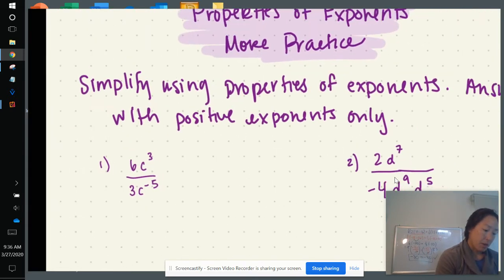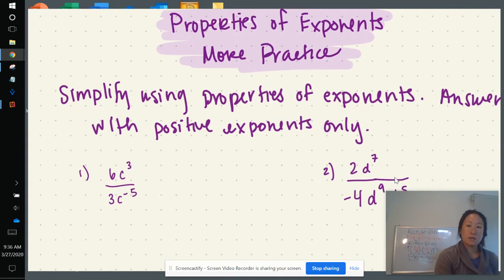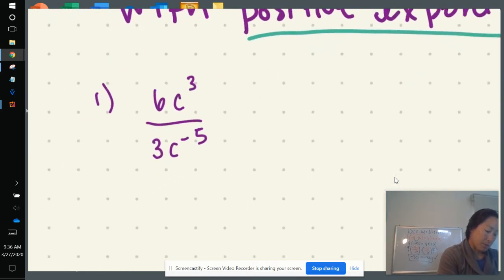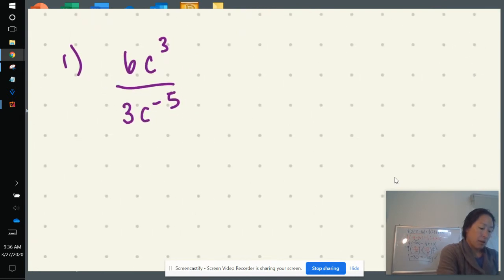Okay, so we're going to simplify using the properties of exponents, and then we need to answer with positive exponents only. All right, so number one, I'm going to use the quotient property to divide. So I'm going to do the 6 divided by 3 first, which gives me 2.